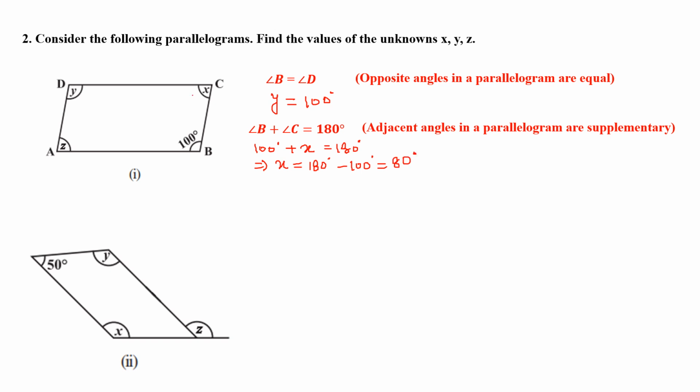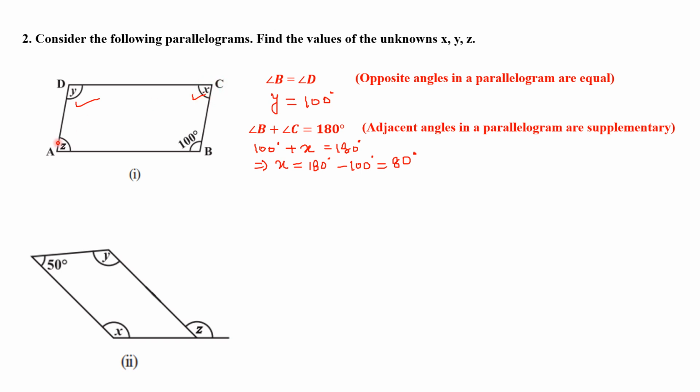So now I have a value of x, I have a value of y. Now we have to find the value of z. What we can see from here is that angle A and angle C are opposite angles, right? We already know the value of x, which is 80 degrees.